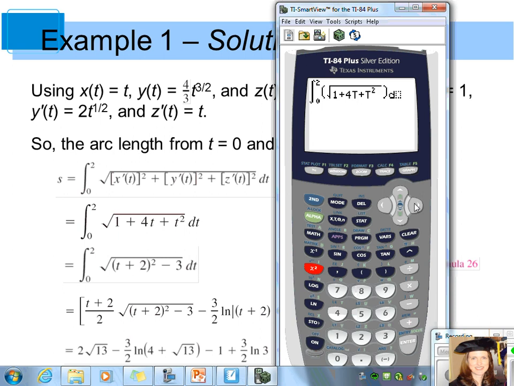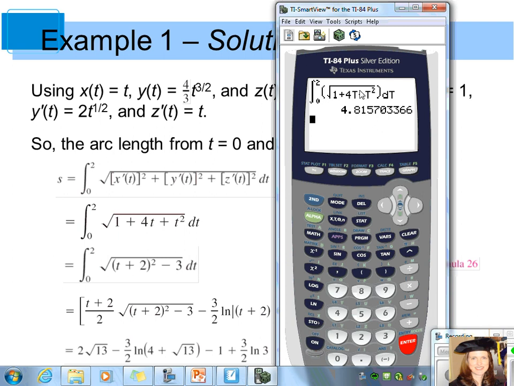You can use x as a variable here as well, instead of t, as long as whatever variable is used within the integral is also used for the differential dt. So we're integrating from 0 to 2 the square root of 1 plus 4t plus t squared dt.